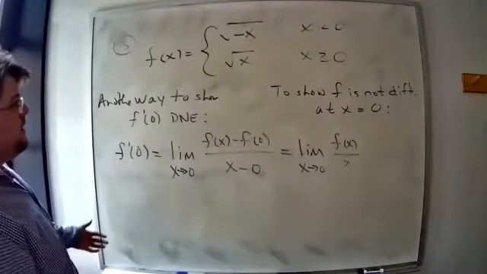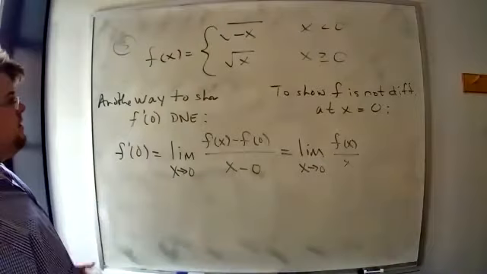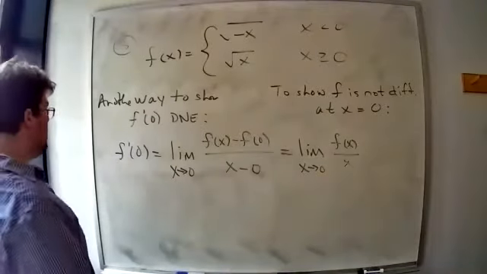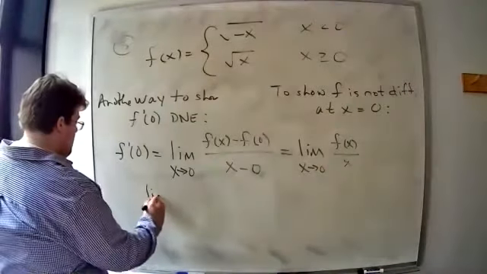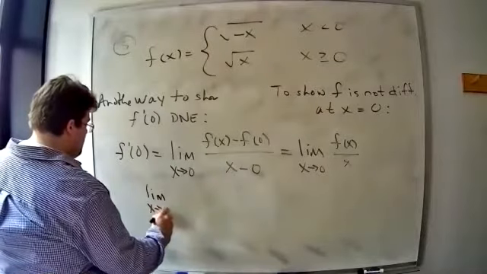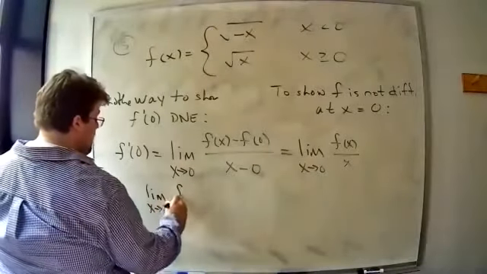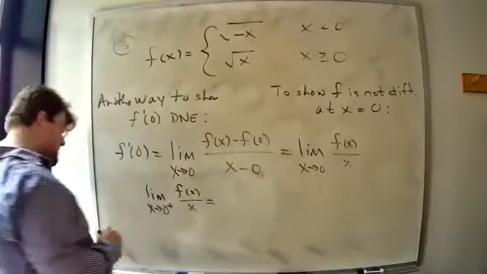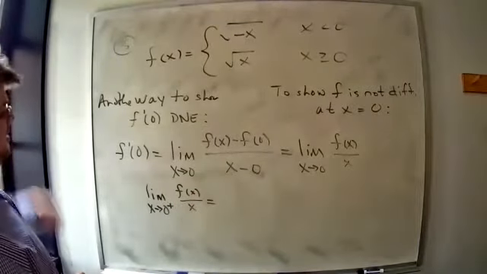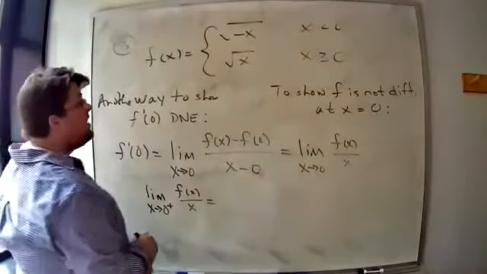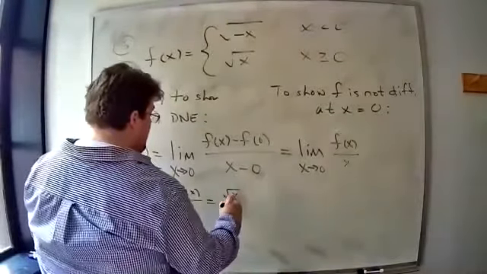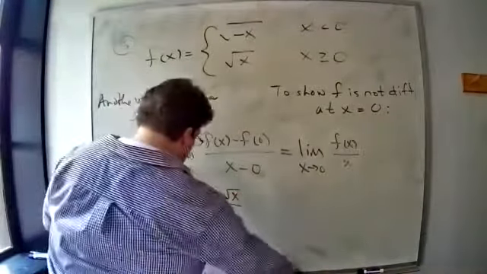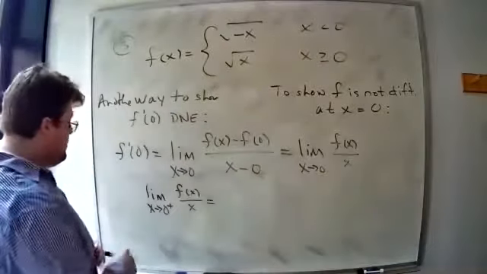And how do we compute this limit? Well, it's defined on both sides of 0, so we need to break it down at 0. Limit as x approaches 0 from the right of f of x over x. What does this equal? I need limits, I can't just get rid of limits.